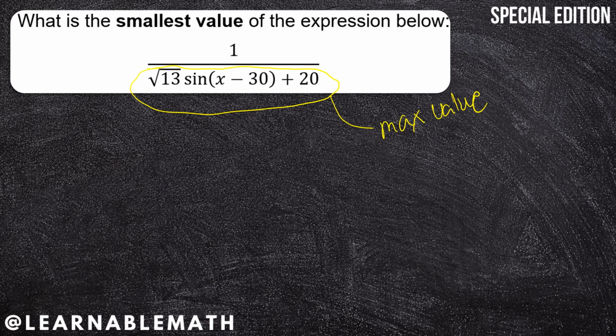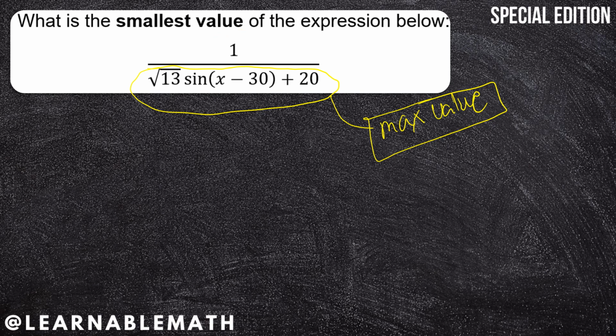Because if we divide by the biggest value, we're going to have the smallest value of this fraction. So that's the idea really.